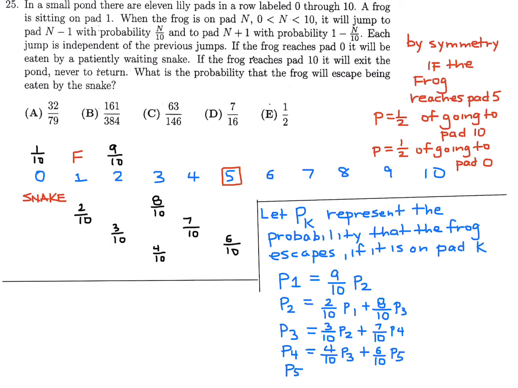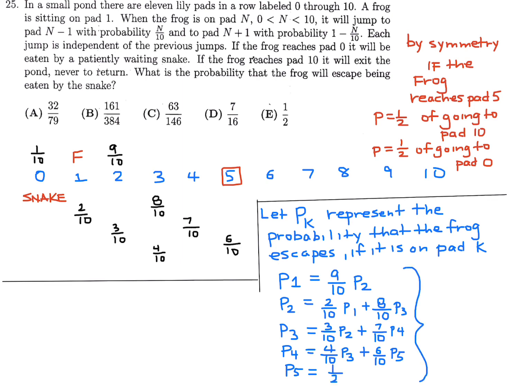Finally, P5 we get for free, since we established that the probability of escaping when you reach pad number 5 is a half. Because of the symmetry of the diagram, it's a half to go to pad 10 and a half to go to pad 0. So P5 is actually a half.